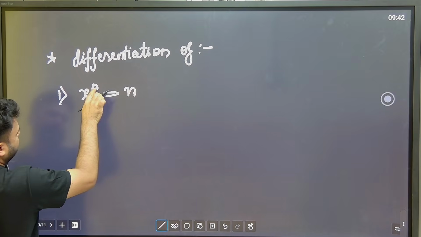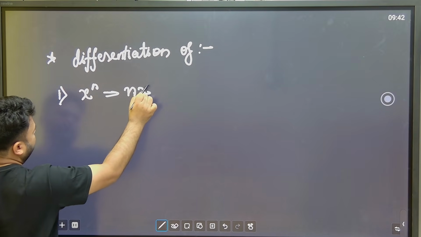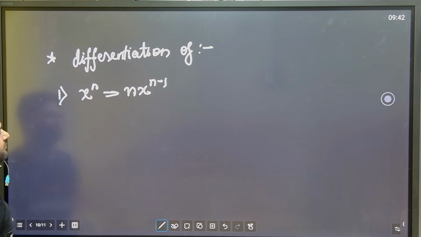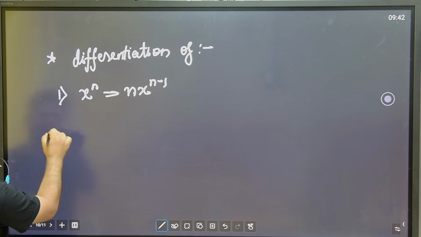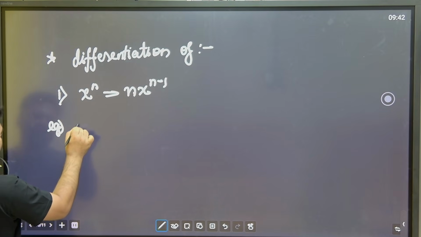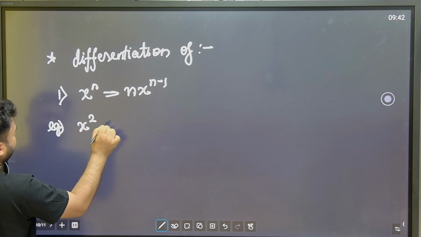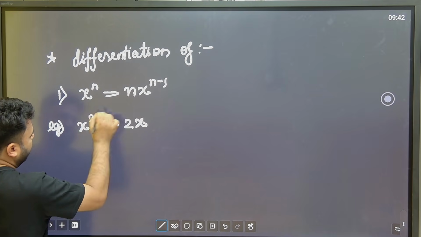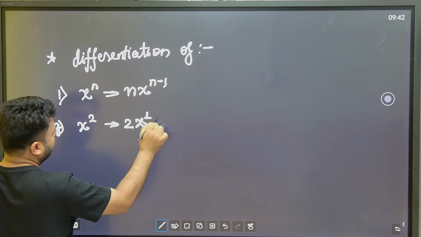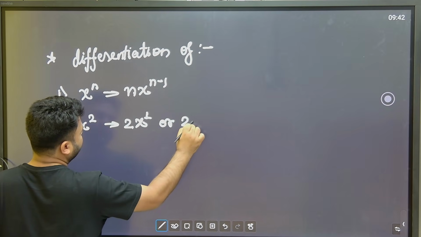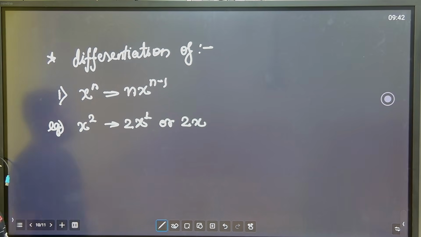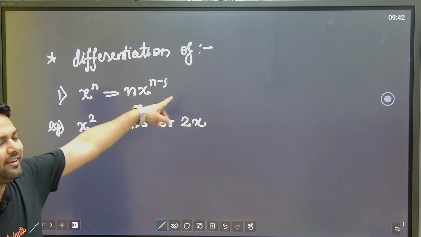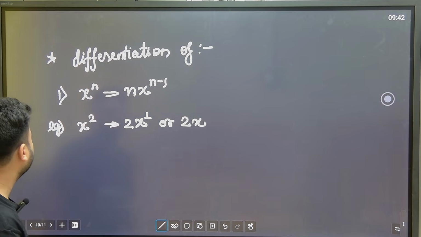So first you write this power, then you write this variable, power n minus 1. For example, if they give x to the power 2 differentiation, first you write power 2, then x, then power 2 minus 1, 1, or you can just write 2x. So differentiation of x to the power n is n into x to the power n minus 1.